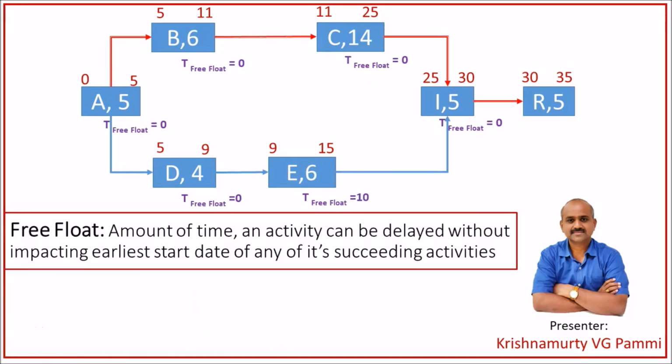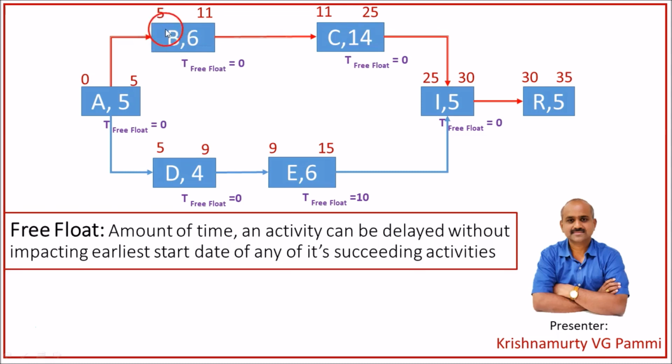There is another term called free float of an activity. Free float of an activity is the amount of time an activity can be delayed without impacting the earliest start date of any of its succeeding activities. If you take activity A, the free float of activity A is the amount of time activity A can be delayed without impacting the early start date of any of its succeeding activities.